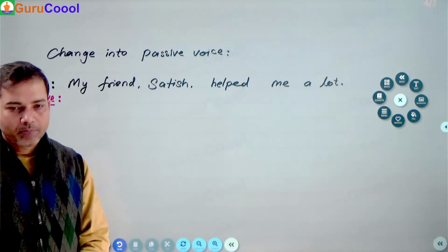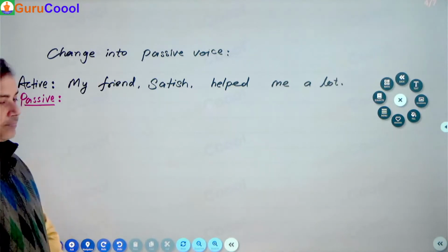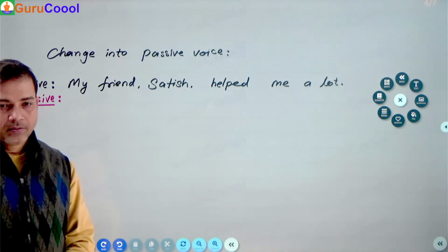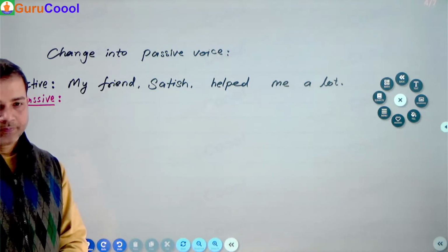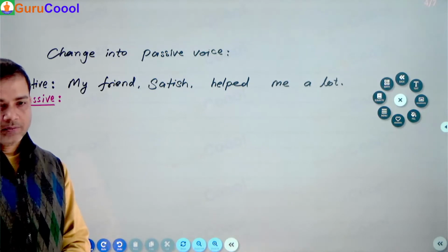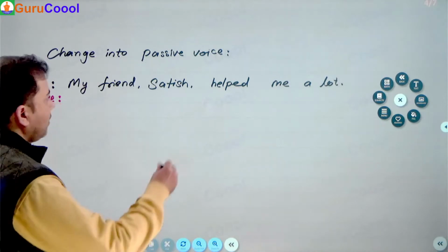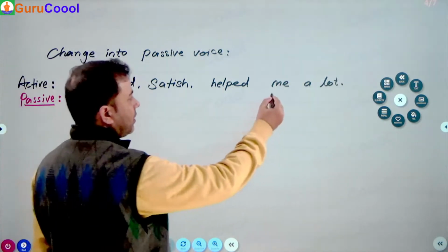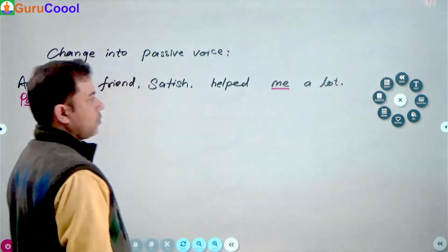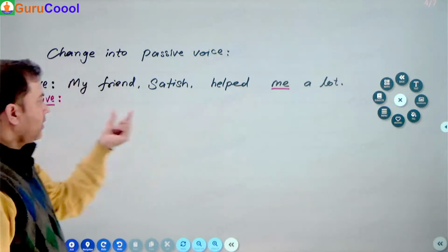I was helped by my friend Satish a lot. Okay, Anshuman. Okay, Anurag. Yes, that's correct. You need to identify the object. Me is the object. So write it in place of the subject. Object will come in this place.